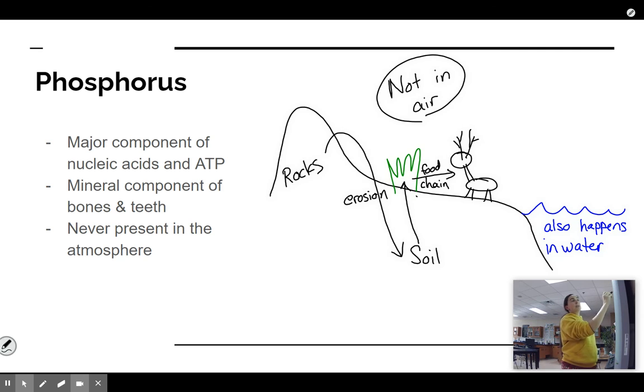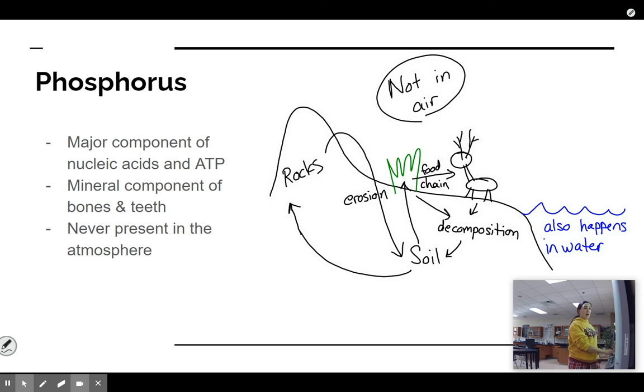And again, when those living things die and decompose, that releases nutrients back into the soil. And sometimes that soil can also get compressed and be turned back into those phosphorus-containing rocks. So the phosphorus cycle is a little bit simpler simply because that phosphorus is never present in the atmosphere.